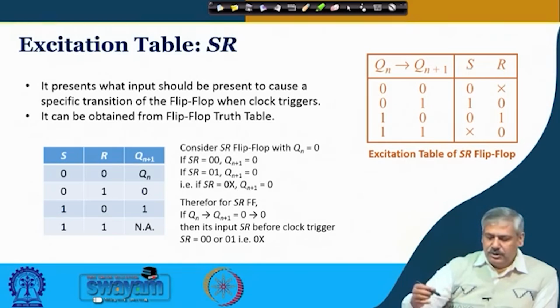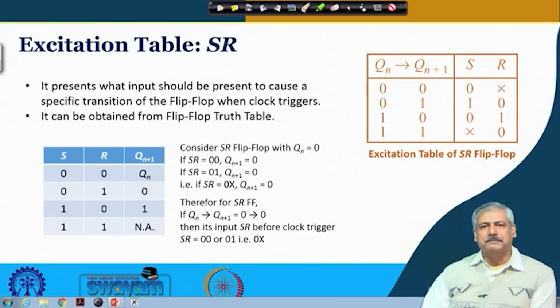So, in that context, for the SR flip flop, we are looking for the excitation when the previous state was 0 and the next state is also 0. Current state to next state. If that is what we observe, can we figure out what the input at S and R was? We can figure it out from the truth table.